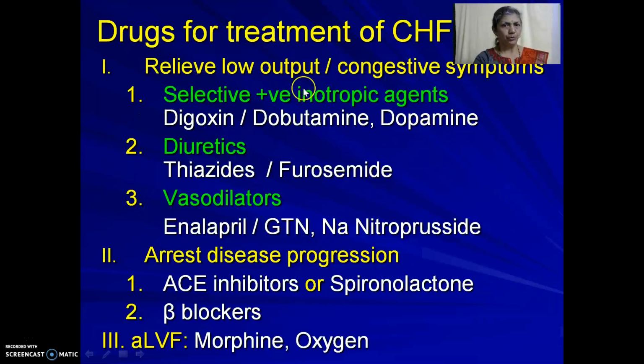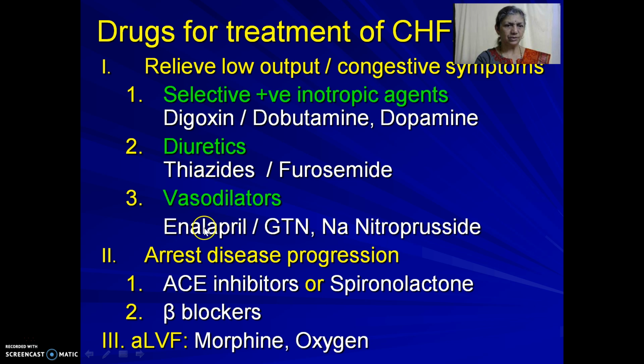For relieving low output or congestive symptoms, we have selective positive inotropic agents, digoxin in chronic management, dobutamine or dopamine in acute management, acute aLVF. Diuretics, thiazide for chronic management, furosemide in acute aLVF. Vasodilators, ACE inhibitors in chronic management, GTN or sodium nitroprusside in acute aLVF.